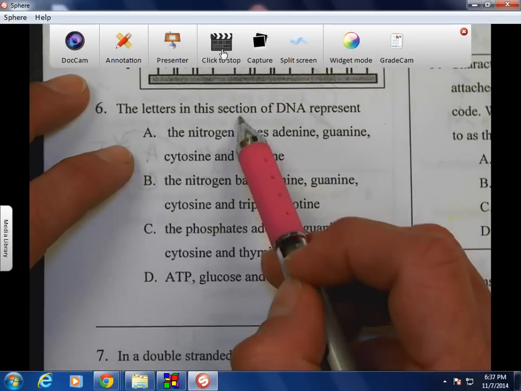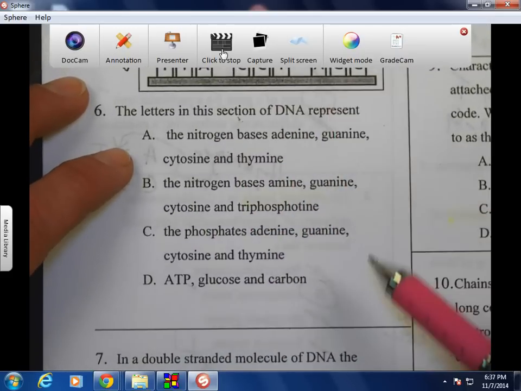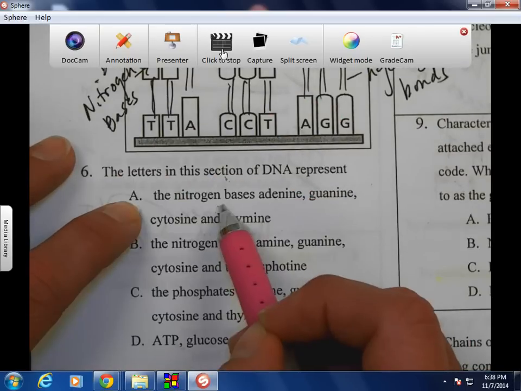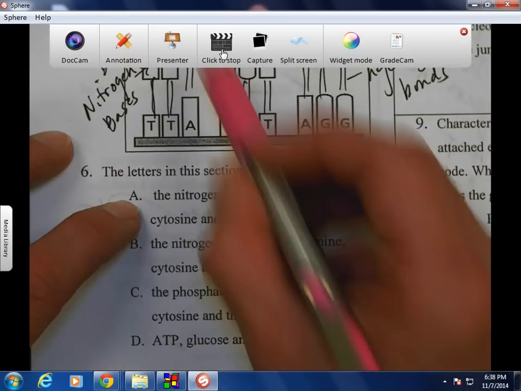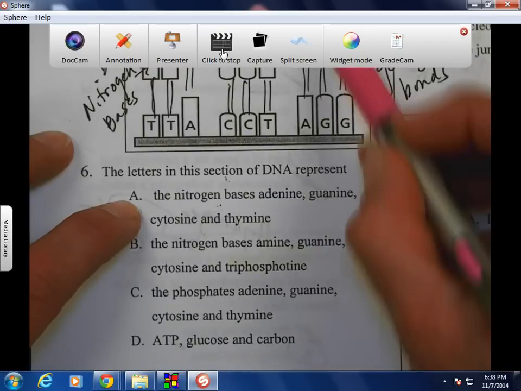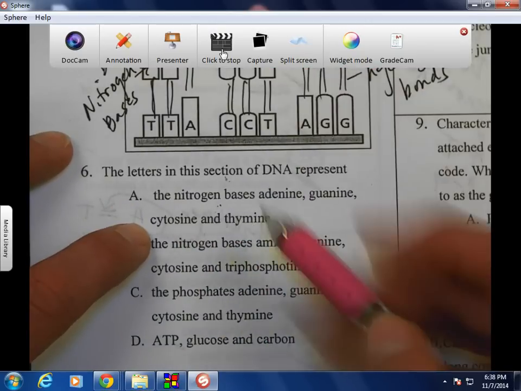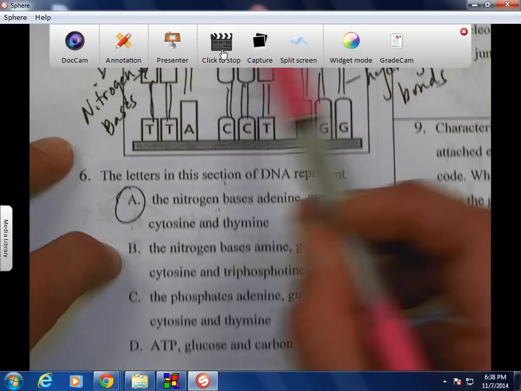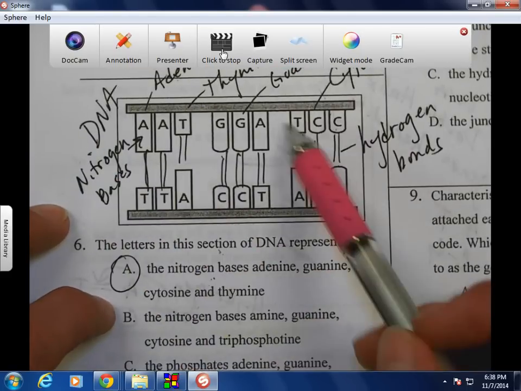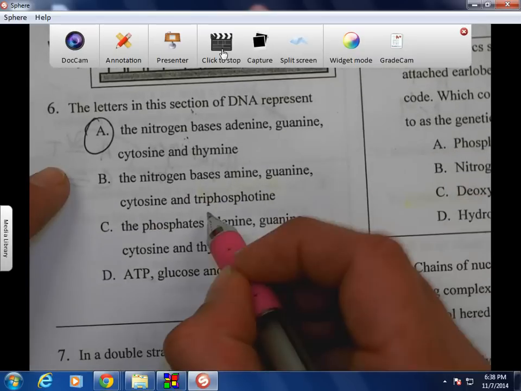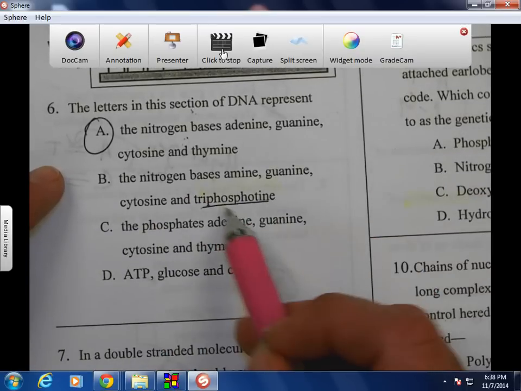It says the letters in this section of DNA represent. Oh, those letters, well, I already labeled them as nitrogen bases. Adenine, guanine, cytosine, and thymine. So A is the correct answer just from all the information that I already wrote. B is not the correct answer because we've never dealt with triphosphatine.